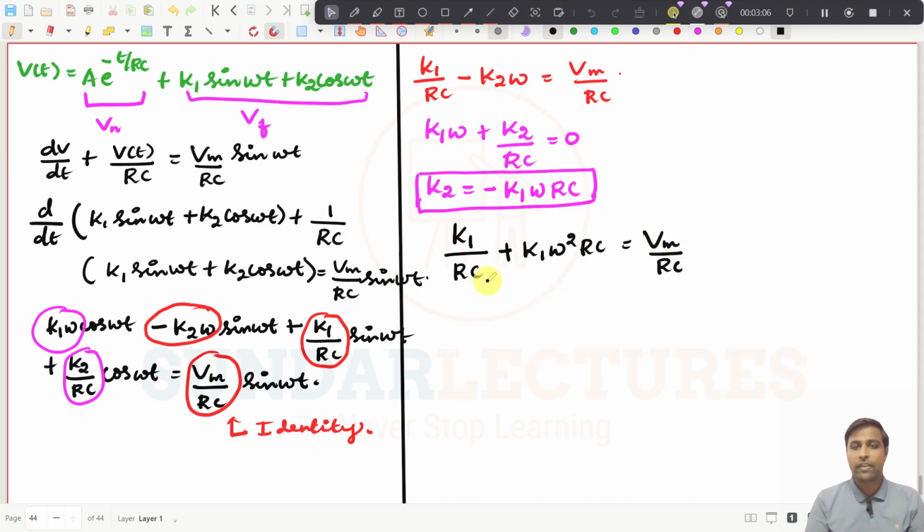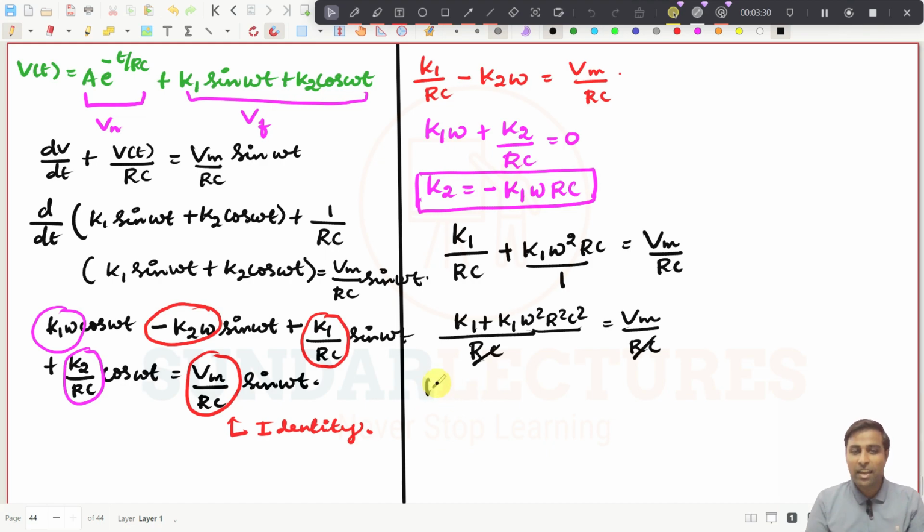And if I take the LCM, what I will get? This value will be 1, and it is Rc. It will be k1 plus k1 omega square R square C square equal to Vm by Rc, and this value can be cancelled out.